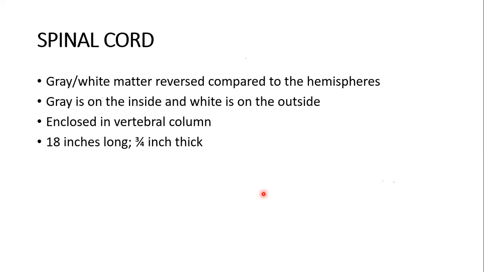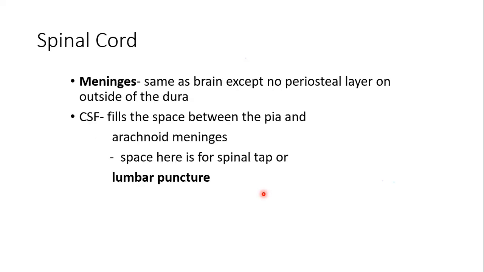The second thing: both of them have meninges, but the spinal cord lacks the periosteal layer on the dura mater, while the brain has the periosteal layer on the dura mater of the meninges. So those two differences must be stated precisely.